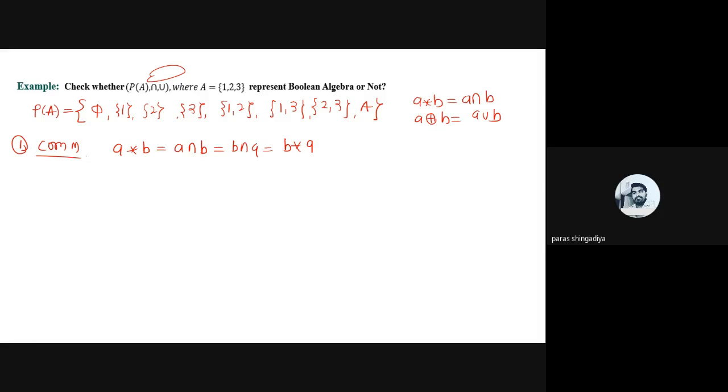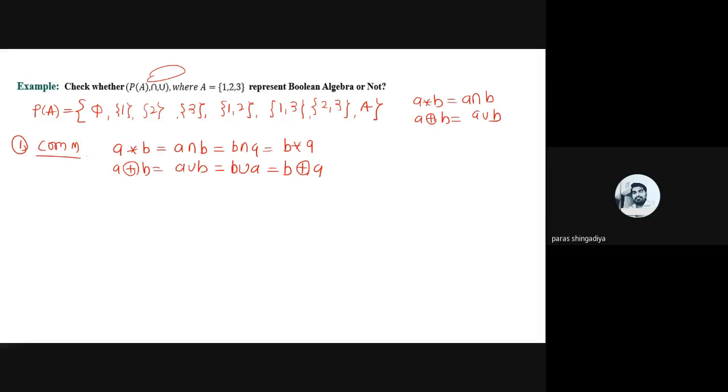What is the intersection of {2} and {3}? That is empty. And what is the intersection of {3} and {2}? That is also empty. Okay, so that is always the same. And then A ring sum B is equal to A union B, which is equal to B union A, which is equal to B ring sum A. Okay, union भी same ही होगा. If we interchange these two sets A and B, then the answer will always be the same, for any A, B belonging to P of A.